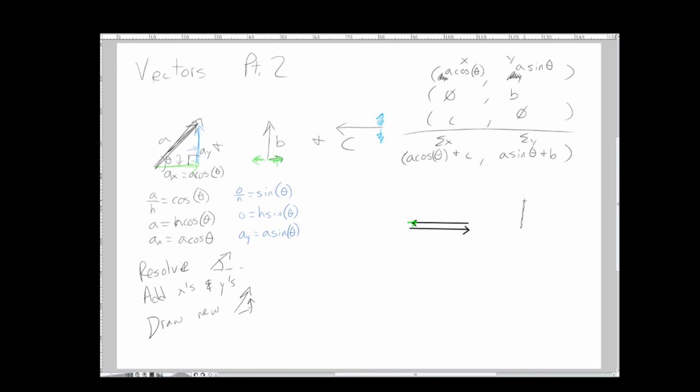And you'll notice that A and B are in the same direction. So adding those two together, I might get something like this. Let me change the color. And so maybe this is my new resultant.